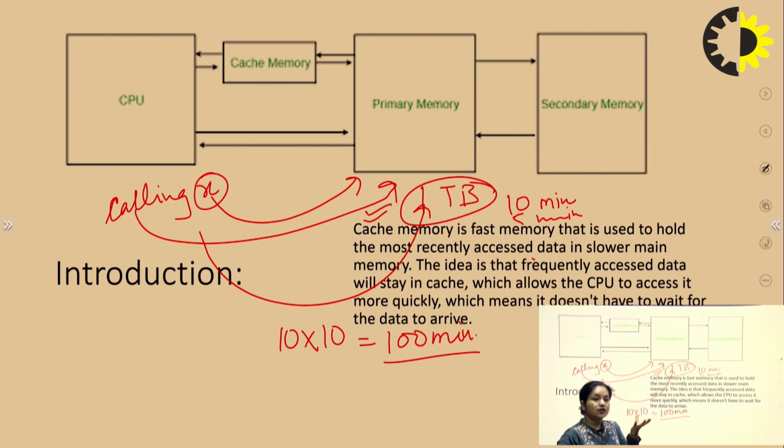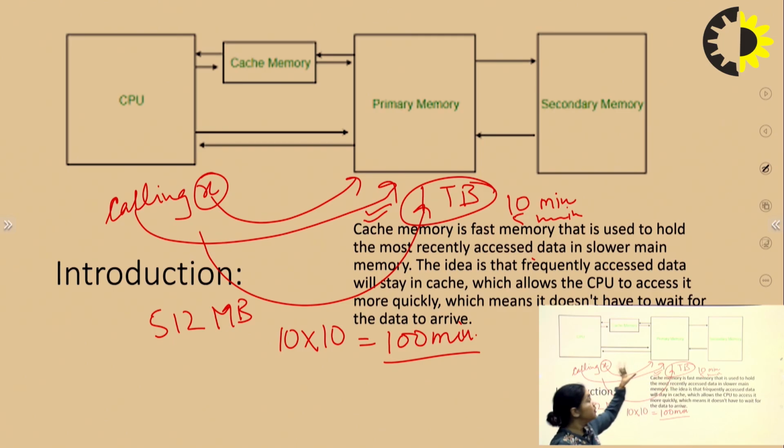Instead of the main memory, which is 1 TB, we make a cache memory of 512 MB. The cache memory will be placed between the CPU and the main memory, not after the main memory.